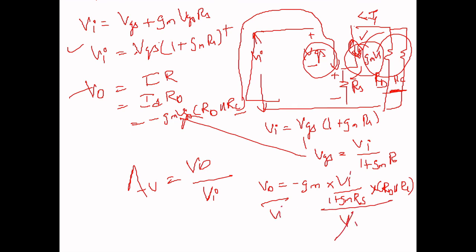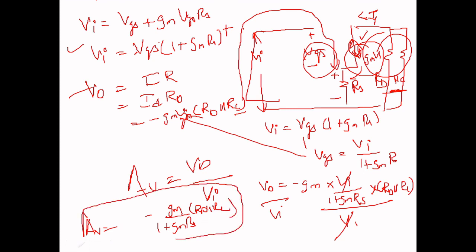So VA will get cancelled. So your final voltage gain formula will be gm divided by 1 plus gm RS into RD parallel to RL. So this is the formula for the load capacitors.